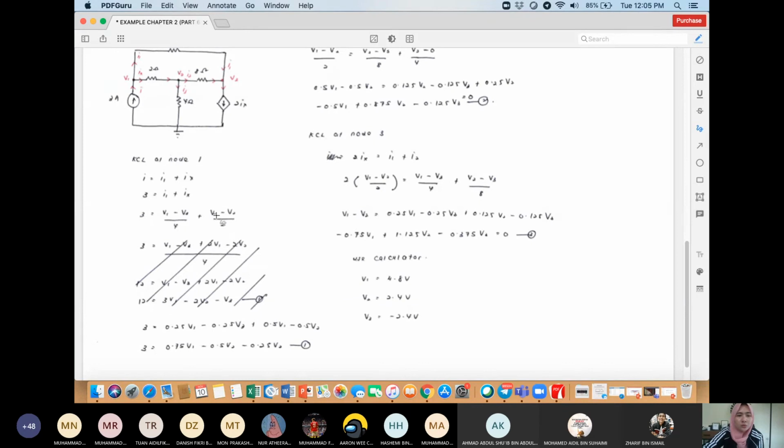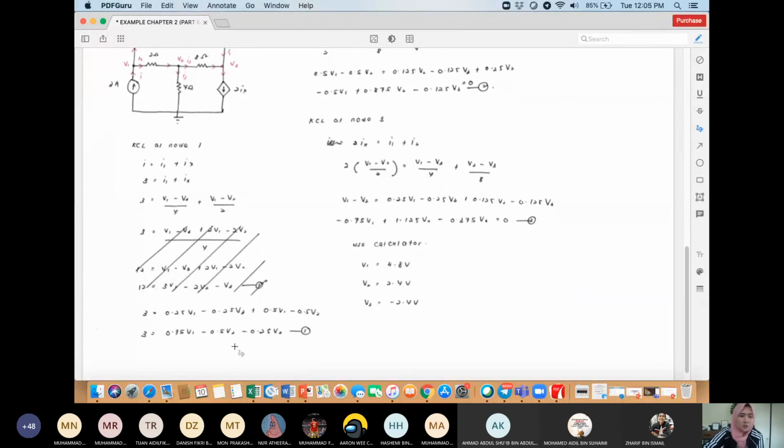This one is 1 over 2, that's why I get 0.5 V1 minus 0.5 V2. So my final equation for the KCL at node 1, I get 3 equals to 0.75 V1 minus 0.5 V2 minus 0.25 V3. Okay, so this is equation 1 at node 1.